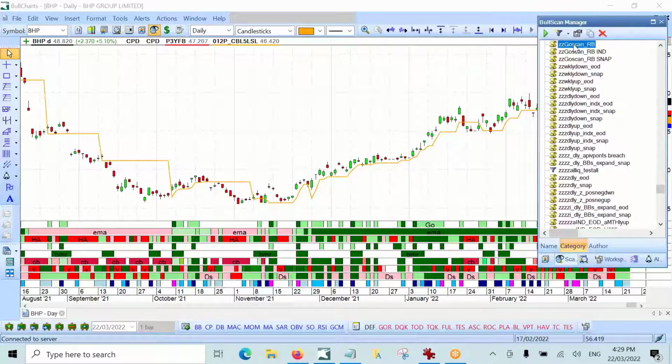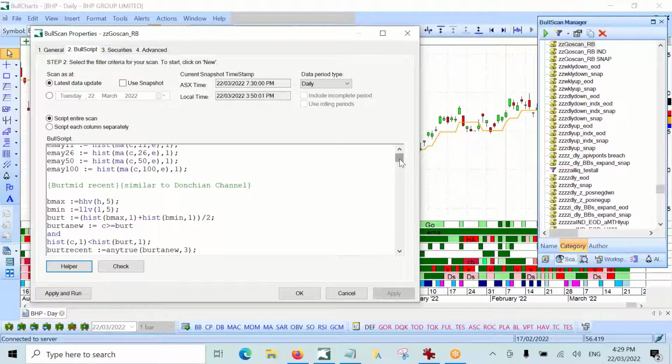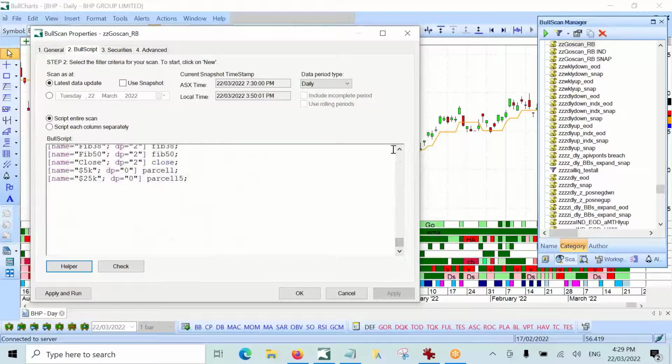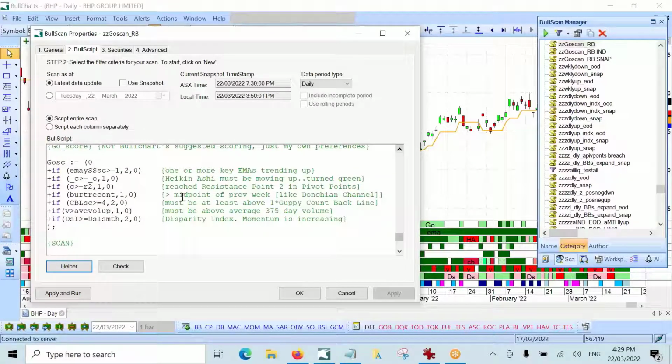As you can see, when we look at the actual scan, I've used exactly the same principle of this weighting score. I've used it quite a bit throughout the middle of the scan, but the bottom line down here, you can see it's exactly the same principle as that brief example I've just given you using the EMAs to calculate the GoScore.